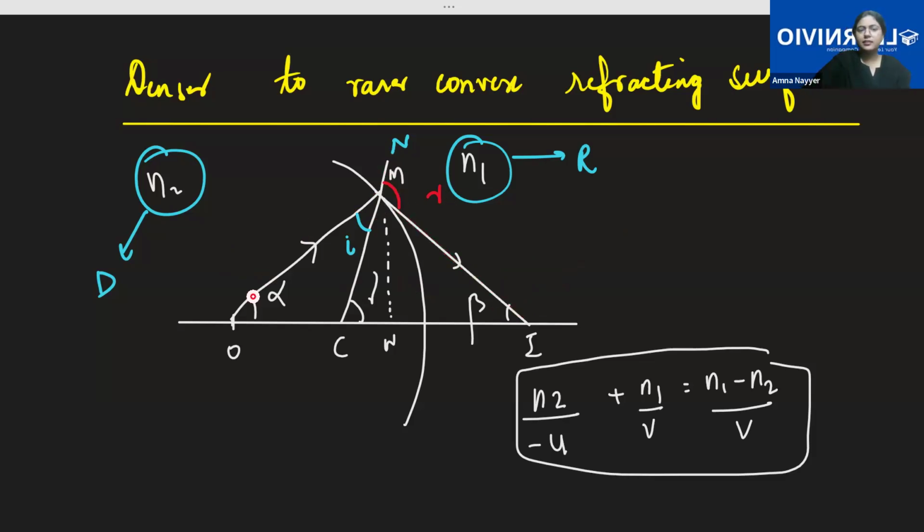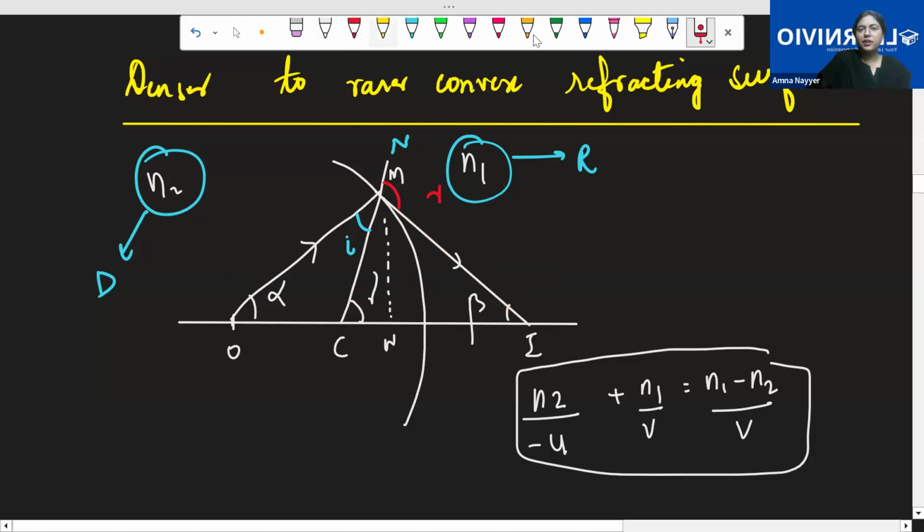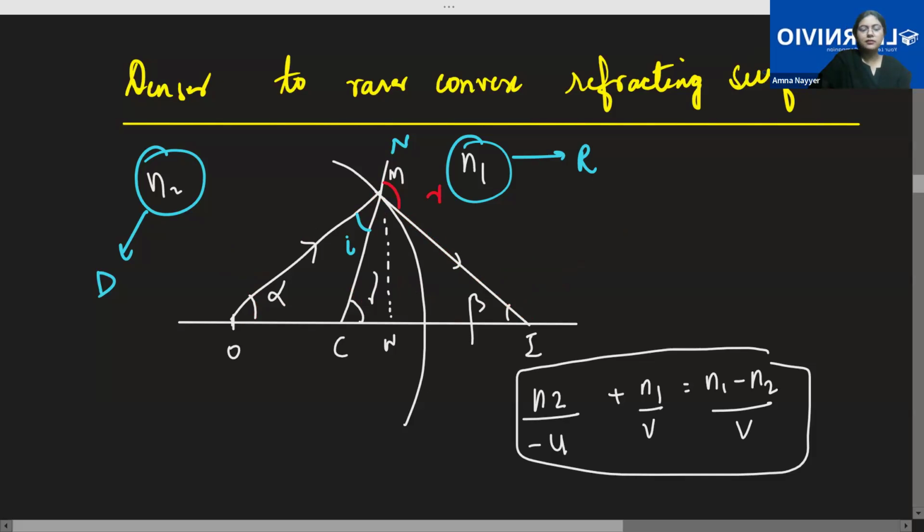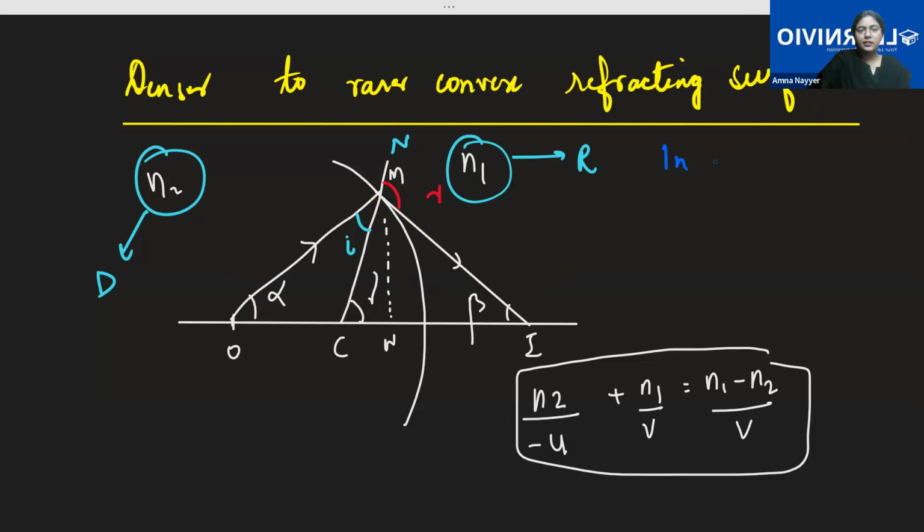Same derivation as in class. See, this is alpha, this is beta, this is gamma. The difference will come with the fact that we consider the angle of incidence and angle alpha in triangle MOC. You can clearly see that the angle of incidence plus alpha is equal to gamma. So the angle of incidence will be gamma minus alpha.